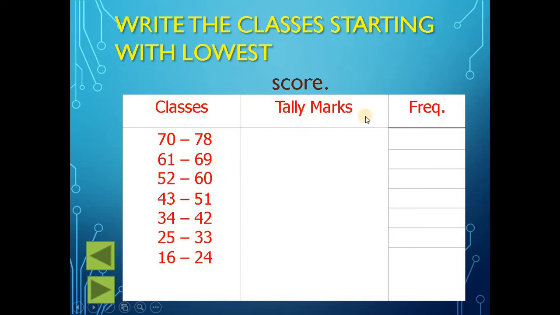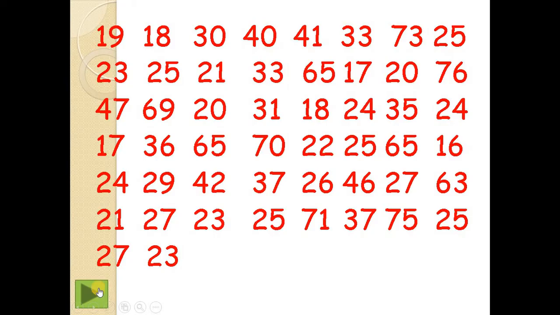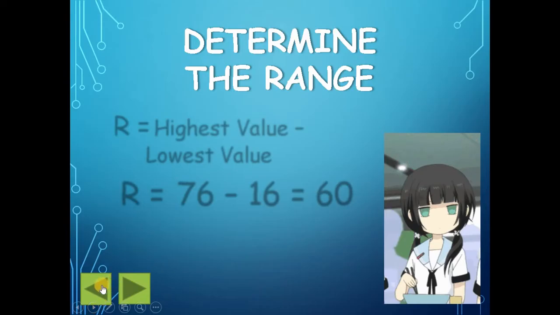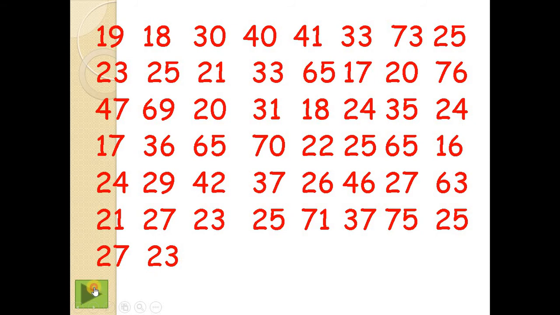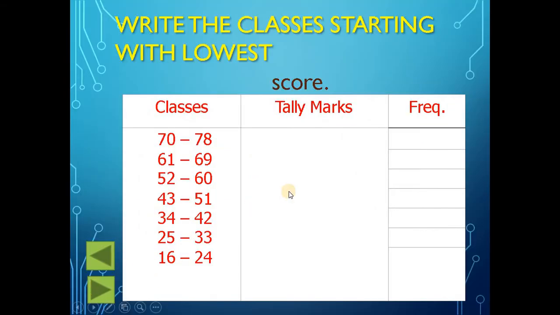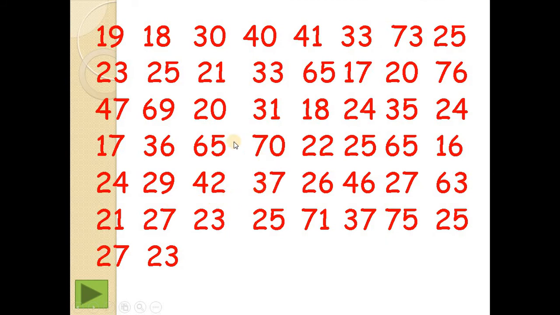How do we put the tally marks? Remember, we use our data to get the tally marks. So going back here, we need to get the tally marks of 70 to 78. So where do you think is the 70 to 78? We need the numbers from 70 to 78. How many is that? So let's try number 1, 73. Number 2, 76.